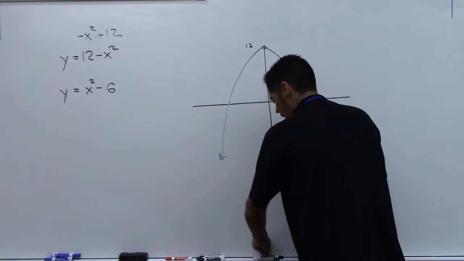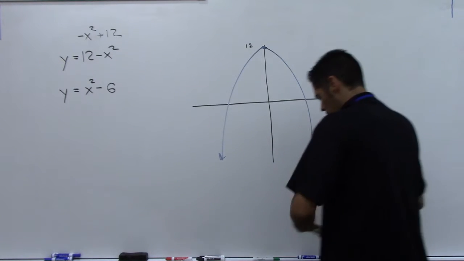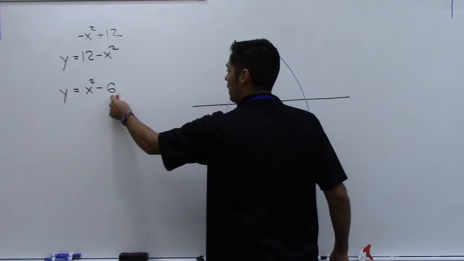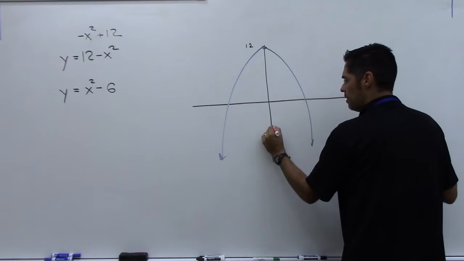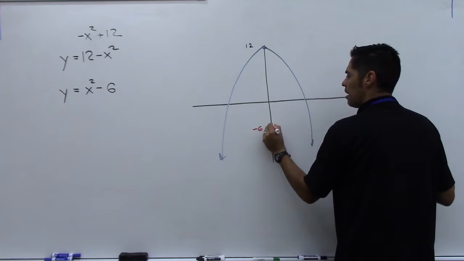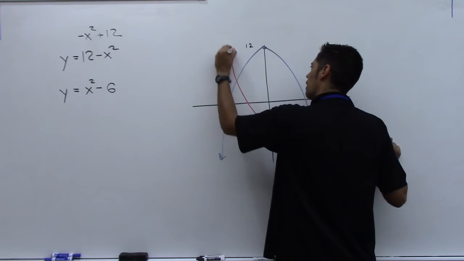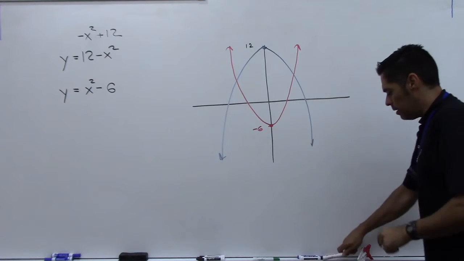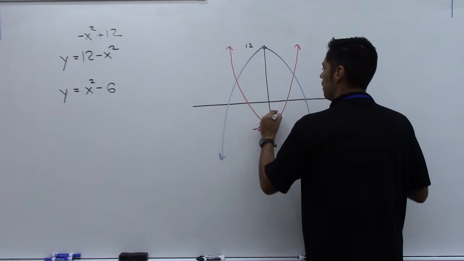And then I have another parabola which opens up because there's a positive in front of the x squared, and it's moved down 6. So if that's 12, down 6 is like this, negative 6, and this guy does something like this. And the region that we want is the region bounded by both, which is in here.